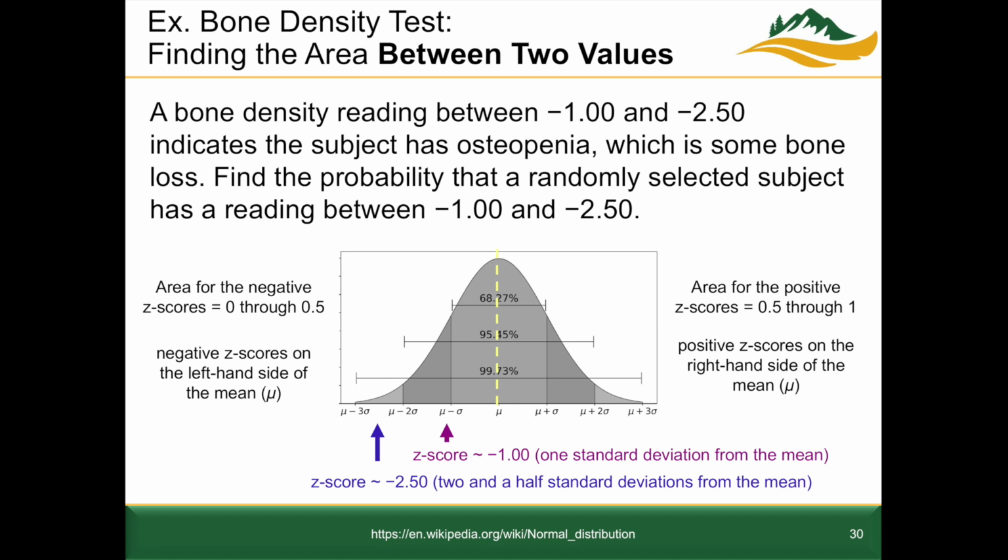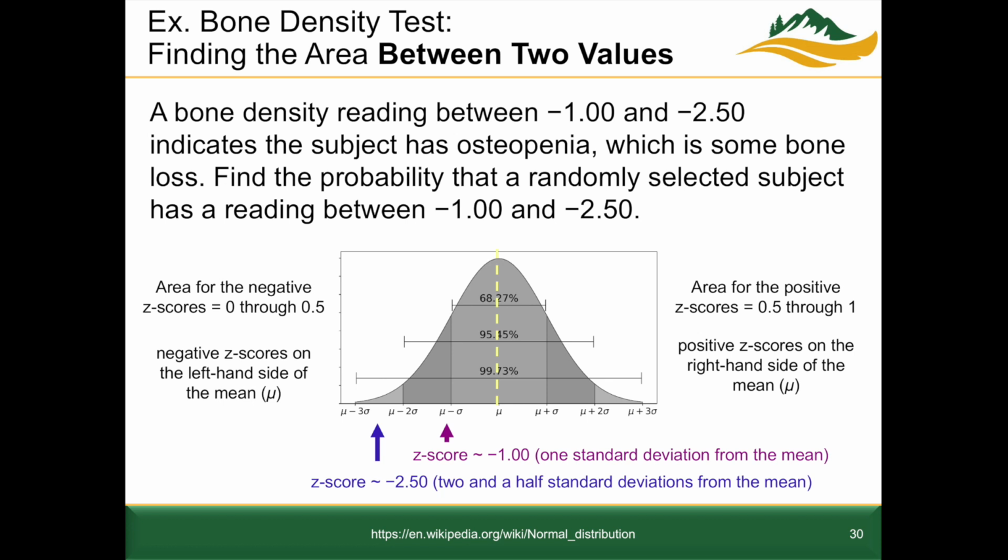Then on the right-hand side, those will be our positive z-scores, right? Are we 1 standard deviation away from the mean, 2, 3, etc.? And remember, these z-scores work out in this way because we're working with a standard normal distribution where the set of data has a mean exactly equal to 0 and a standard deviation exactly equal to 1.